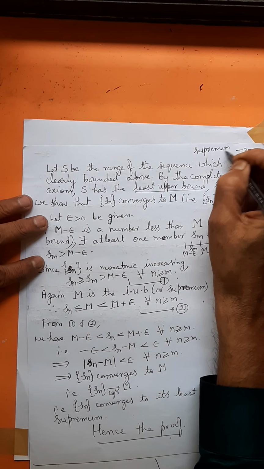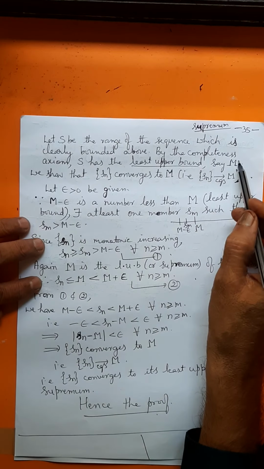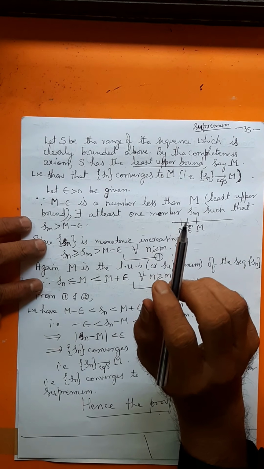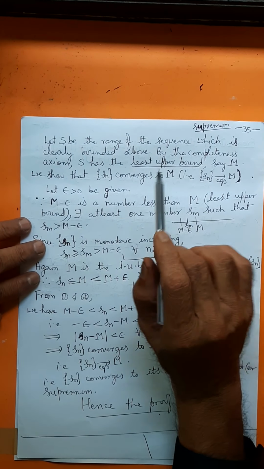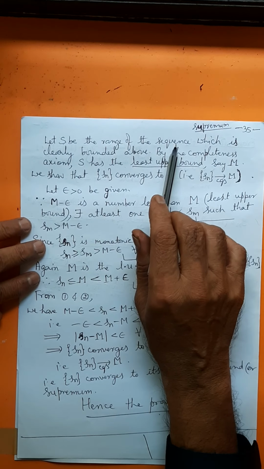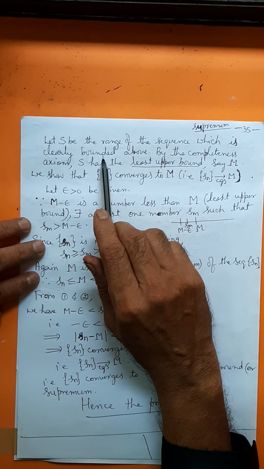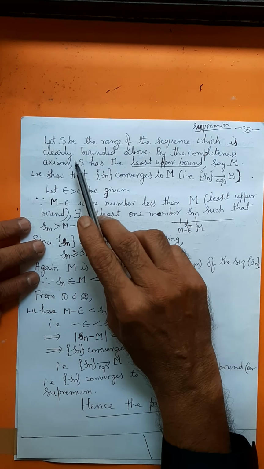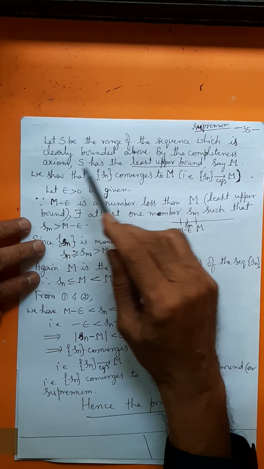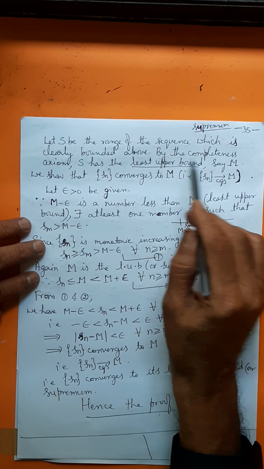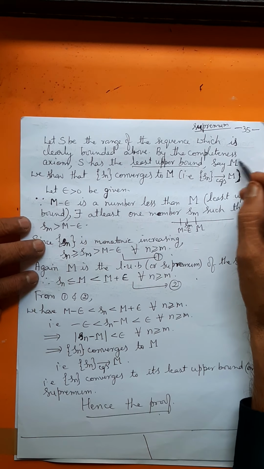Right? We call this least upper bound as M. Fine? Because S is the range of the sequence which is bounded above, by the completeness property S has the least upper bound, we call it M.